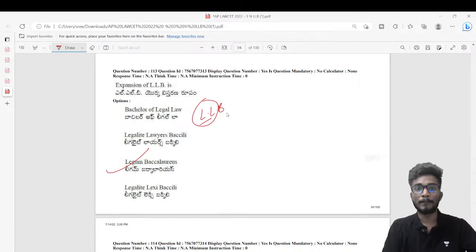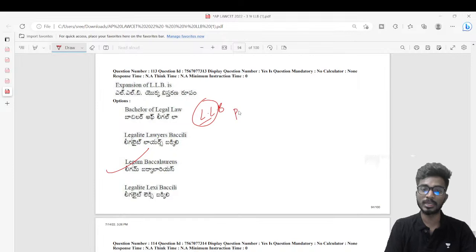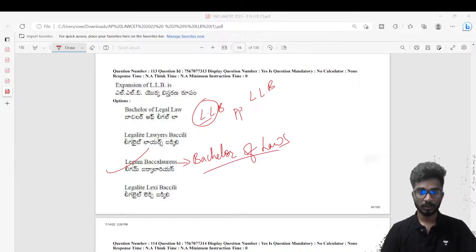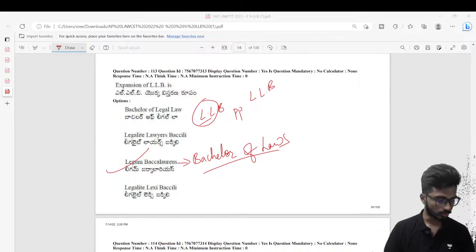For example, papers or pages would be written as PP. Similarly, Bachelor of Laws is LL.B. Legum baccalaureus directly translates to Bachelor of Laws. Is this clear? In Latin, for plural words we use double letters.